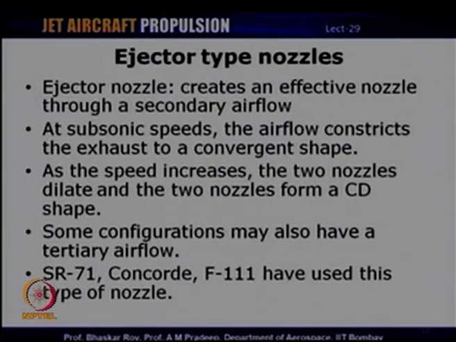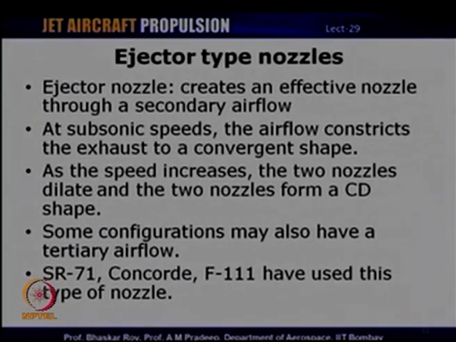The other type, which is slightly more complicated, is the ejector nozzle, where it creates an effective nozzle through a secondary airflow, and it can of course be used in subsonic as well as supersonic speeds. At subsonic speeds, the airflow constricts the exhaust to a convergent nozzle, and as the speed increases, the nozzle will dilate and we get a nozzle shape which is very similar to that of a CD nozzle.